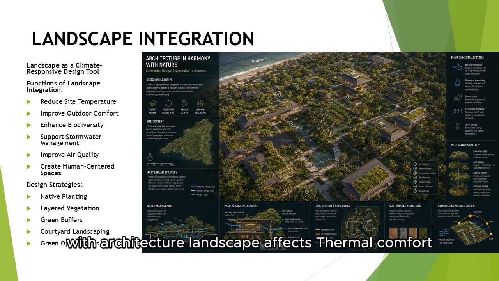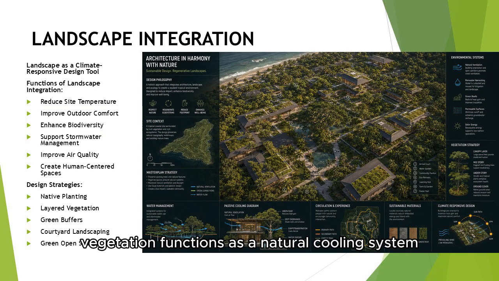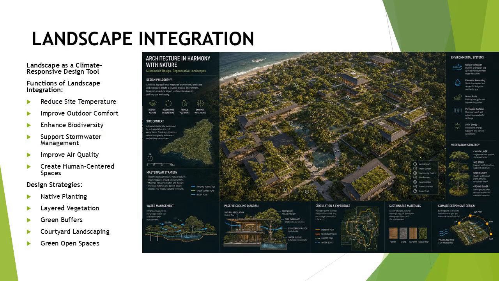Landscape affects thermal comfort, airflow, solar exposure, human behavior, and environmental quality. In tropical climates, vegetation functions as a natural cooling system. Trees reduce heat gain through shade while plants cool surrounding air through evapotranspiration.